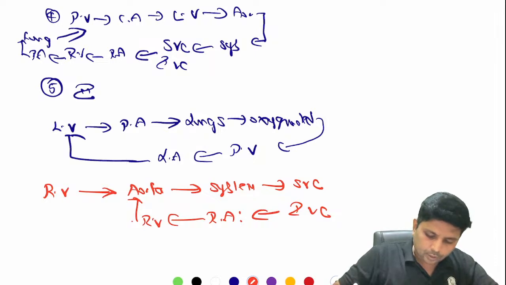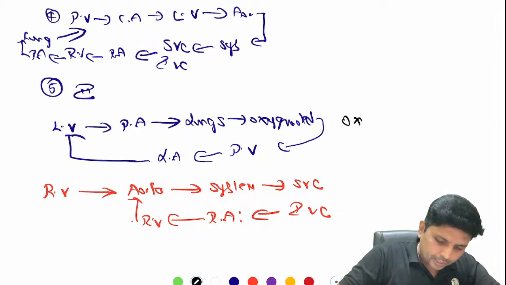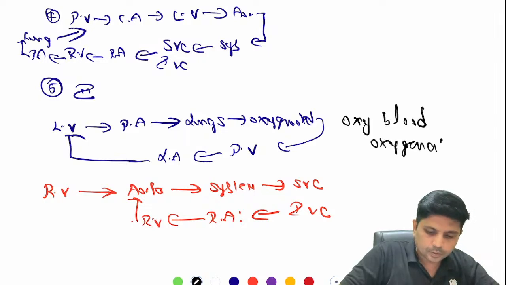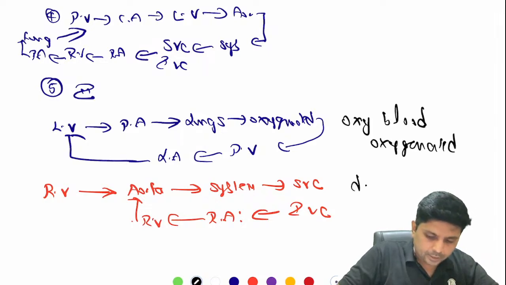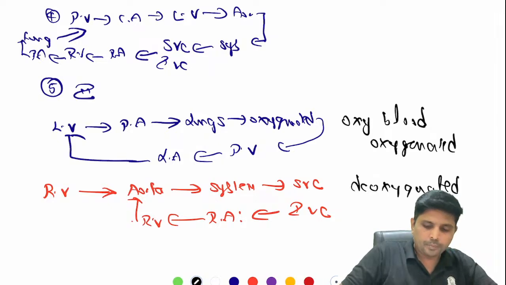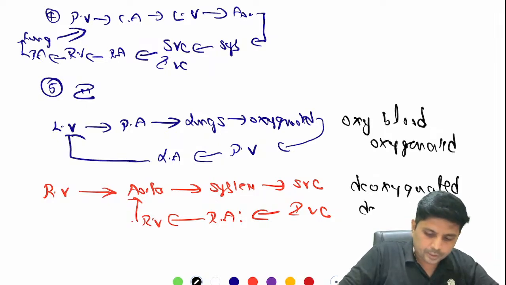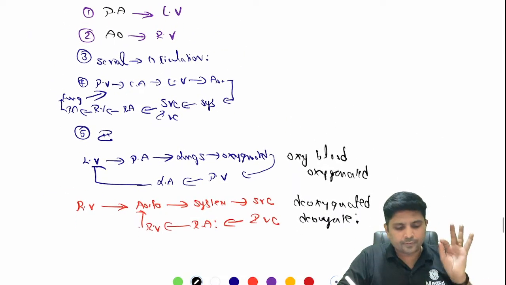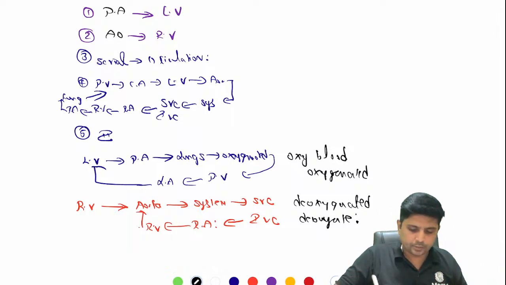So here oxygenated blood becomes more and more oxygenated, whereas deoxygenated blood becomes more and more deoxygenated. This is called parallel circuit in transposition of great artery.